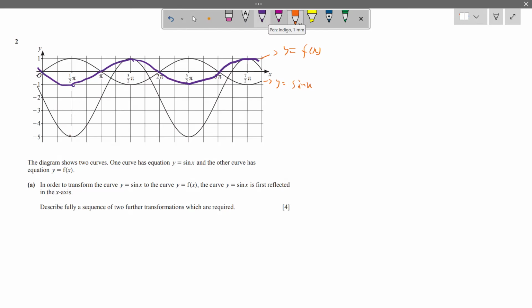Why? Here the minimum point of y equals f of x is -5, and the maximum value is 1. So the distance between two adjacent maximum and minimum is 6. That means the amplitude should be 3.